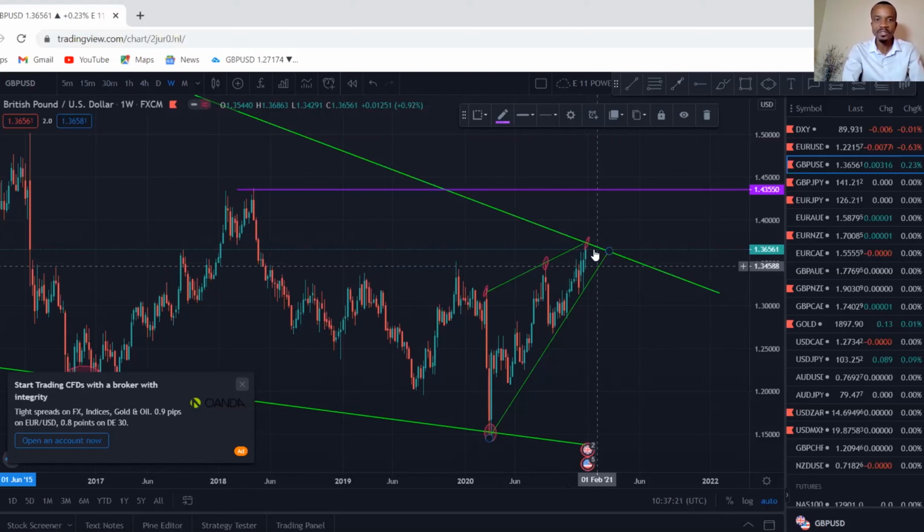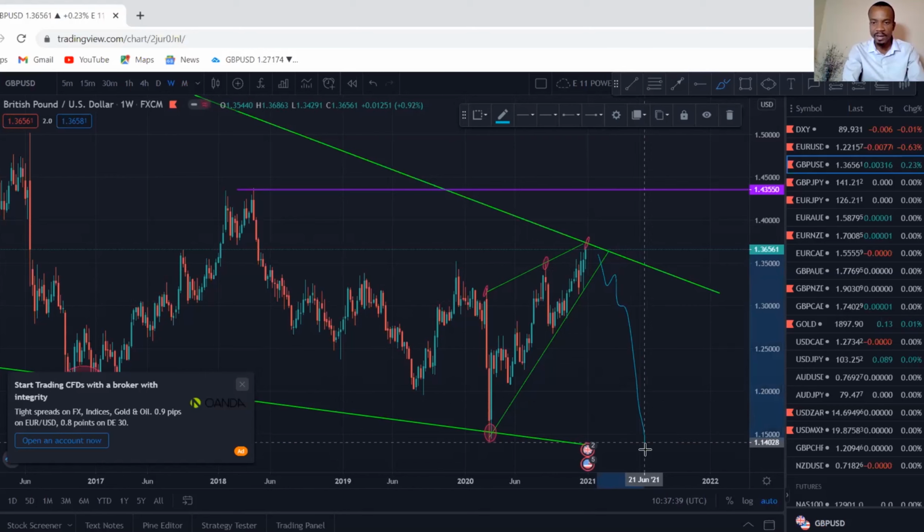So around this area, we'll be taking a look at what happened here. We may have a third touch from a monthly time frame and a weekly time frame, and if price breaks out of this uptrend, then price will be shooting. So we anticipate that if price doesn't break that area, price may shoot until this area at 1.13130 from a monthly and weekly perspective.